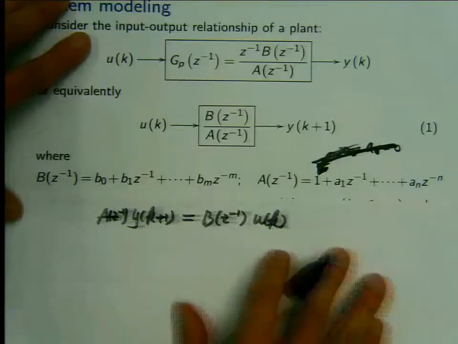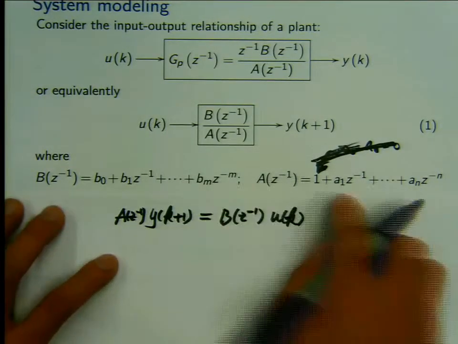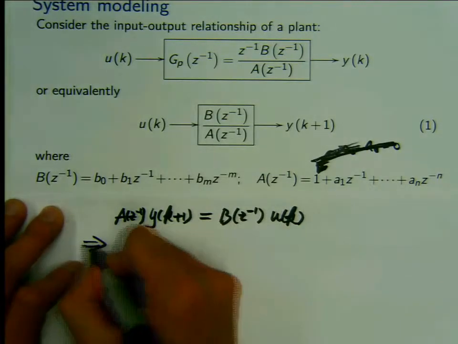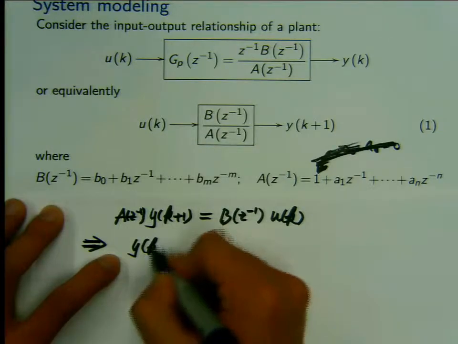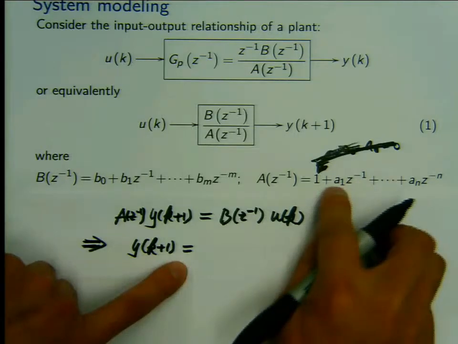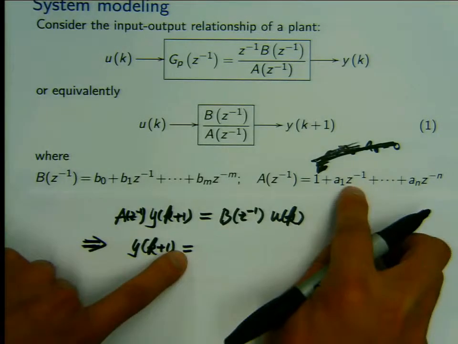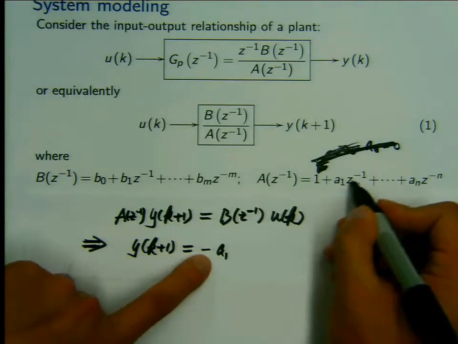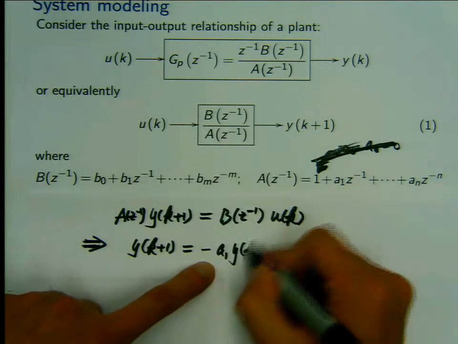Just write these polynomials and factor them out. Now this time I'm going to write it in a little bit faster fashion. So the result is going to be: when you factor out these polynomials on the left-hand side and shift it to the right-hand side, you're going to get negative signs. You're going to get negative a1, z negative 1 operated on yk plus 1.